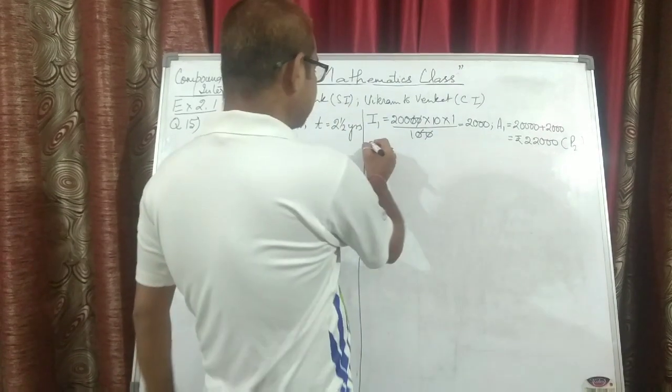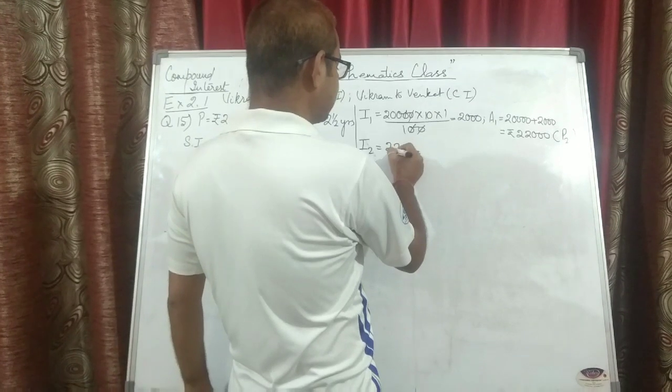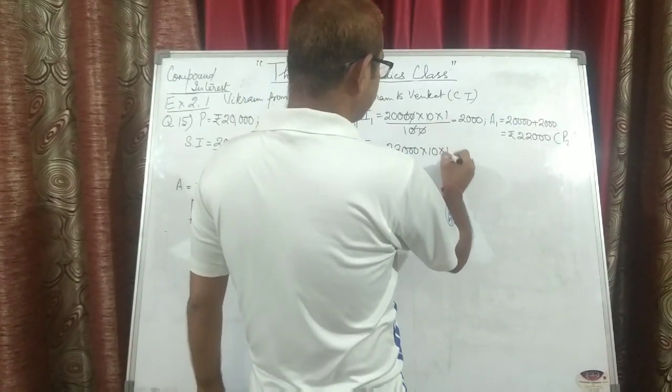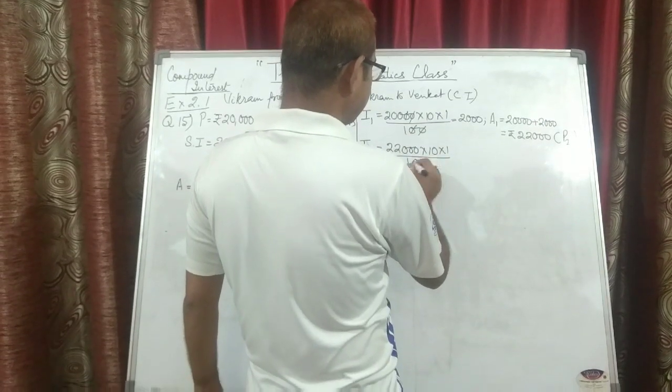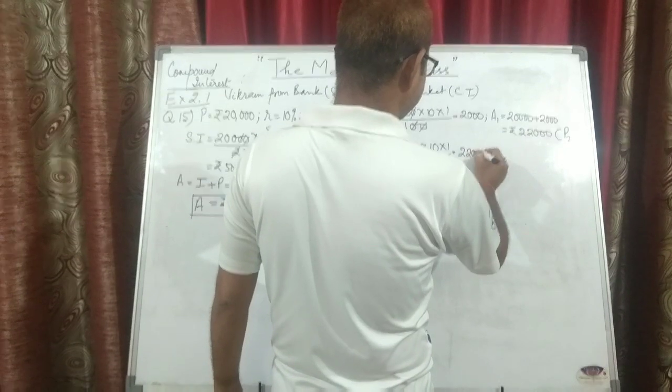Now we will calculate the interest for the second year. That will be 22,000 into 10 into 1 upon 100. That becomes rupees 2,200.